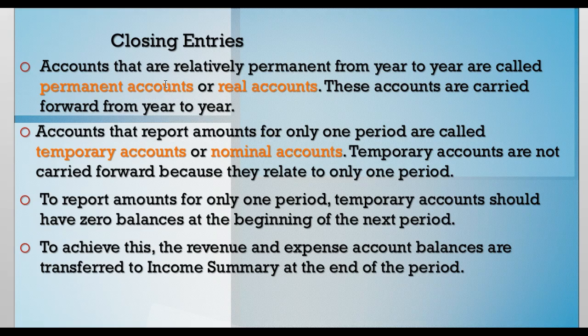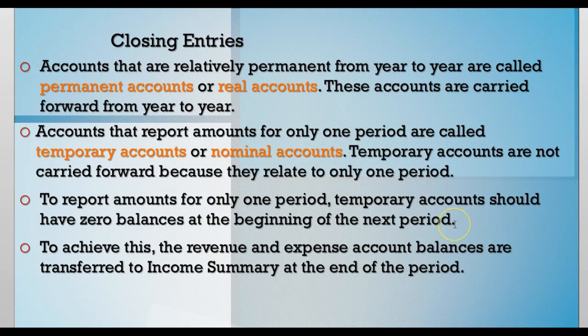They need to be what they call in accounting closed out, so that when you start a new period, you have a zero balance to start accumulating numbers for the period that you're now in. And those are called temporary accounts. So temporary accounts don't carry forward a balance, where permanent accounts do.